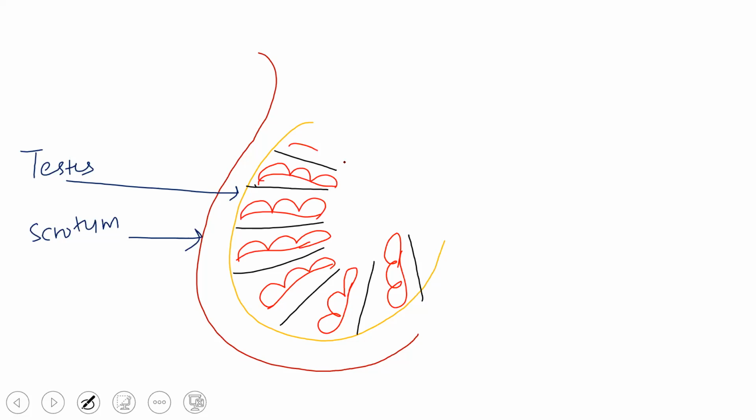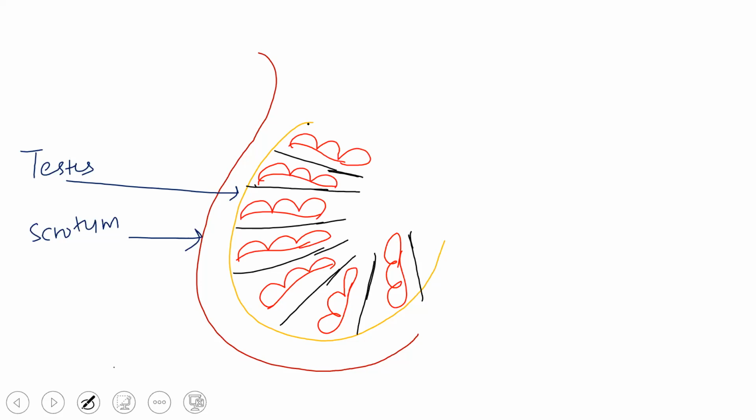In MSc we use this way to denote the seminiferous tubules, so I'm using that generalized way to show it in 3 numbers.